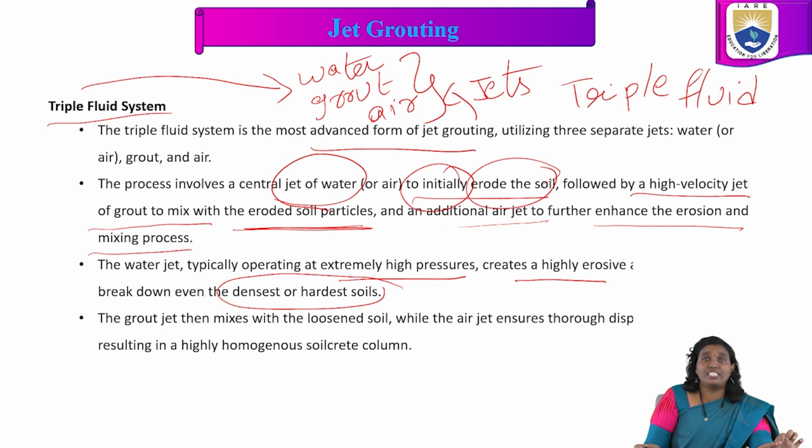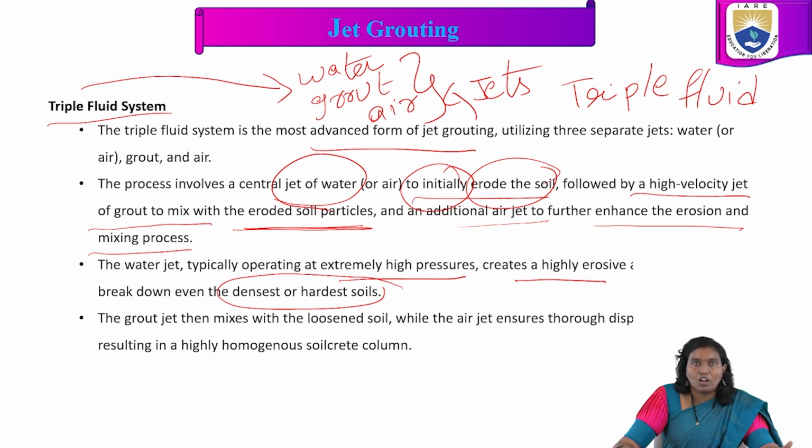The triple fluid system is for the hardest types of soil also. It is going to erode because of its high velocity and also the addition of the air and the water jet: air jet plus water jet plus the grout.